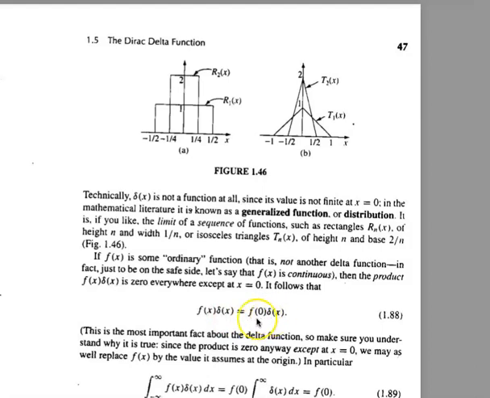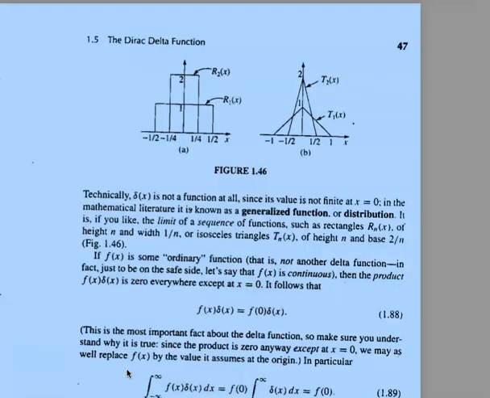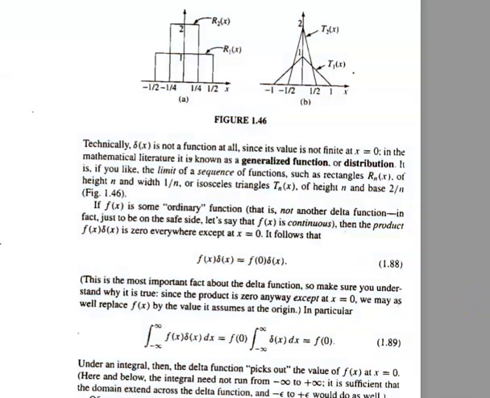So you may as well make that substitution. And if that is the case, then the integral of some function f of x times delta x dx is equal to, you can factor out f of 0 because it's a constant, f of 0 times the integral from negative infinity to positive infinity of delta x. Then the result is the function evaluated at x equals 0 in this case.